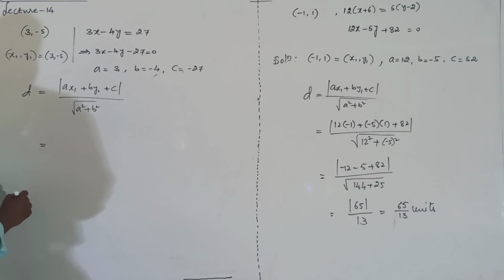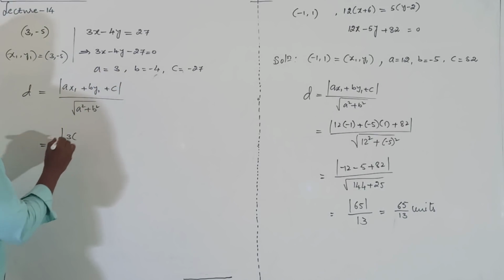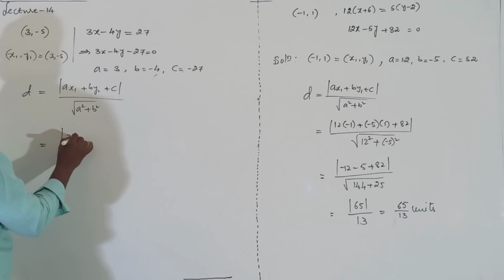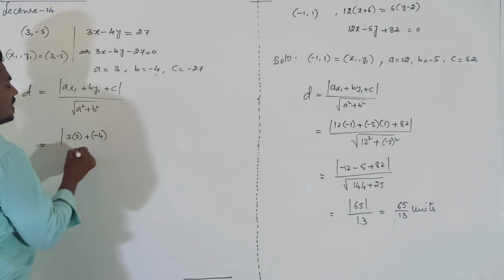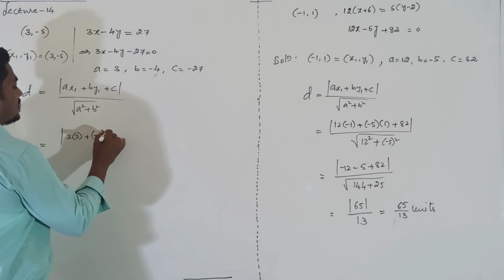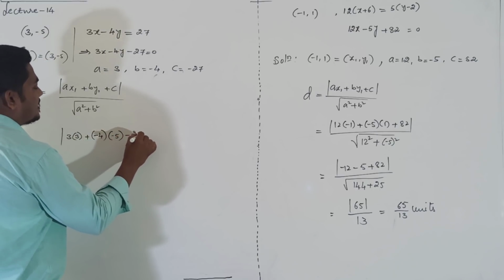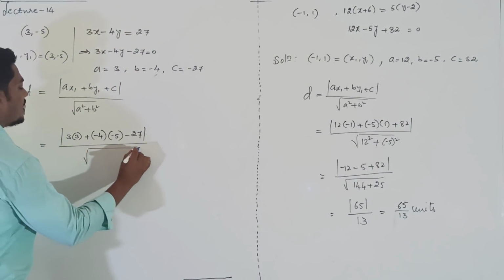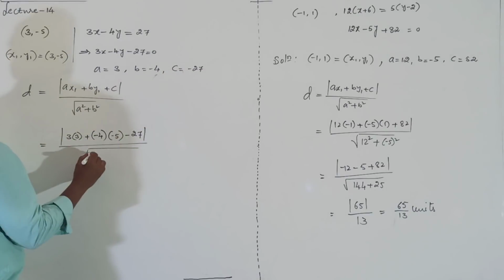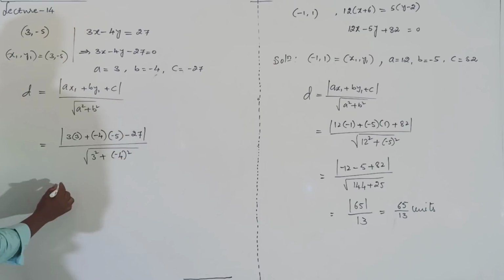Then modulus of a into x1: a is 3, x1 is 3, plus b is -4 into y1, which is -5, minus 27, the c value. Whole thing divided by square root of a square plus b square, that is 3 square plus (-4) square.